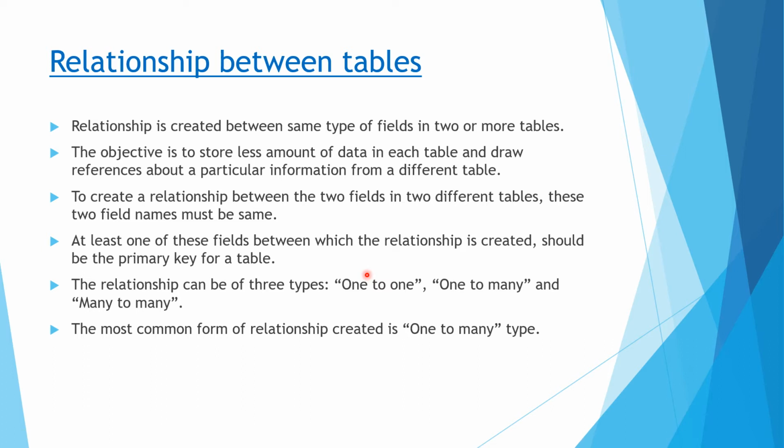Now if I want to understand which employee is residing in which place, then obviously I have to relate these two tables. The employee name table will be related to the employee contact details table. Now one employee will have one address, or if not, generally it is only one, that permanent address.